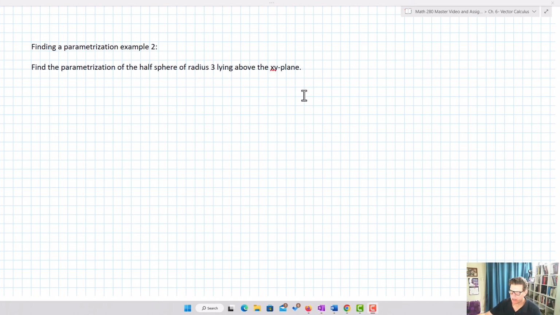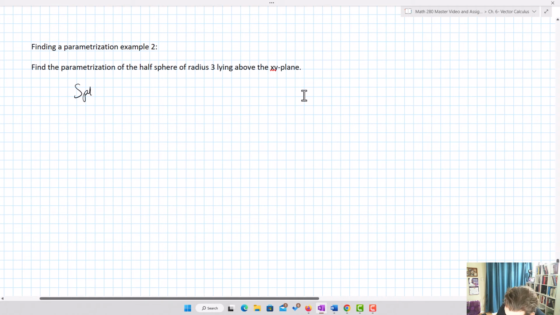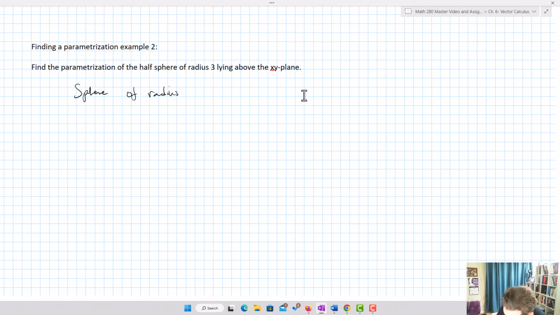So now let's finish up by talking about finding a parametrization of the half sphere of radius 3 lying above the xy plane. We've been working with u and v, which is a standard rectangular parametrization. But a better parametrization for a sphere is actually to do this in spherical, okay? And we know that a sphere of radius 3 has rho equaling 3.